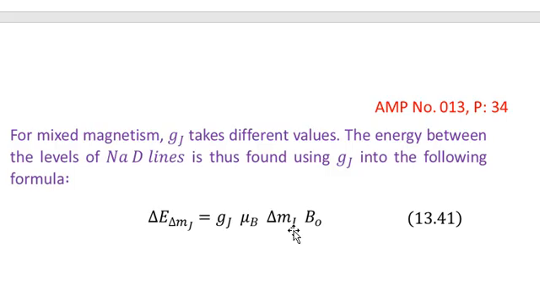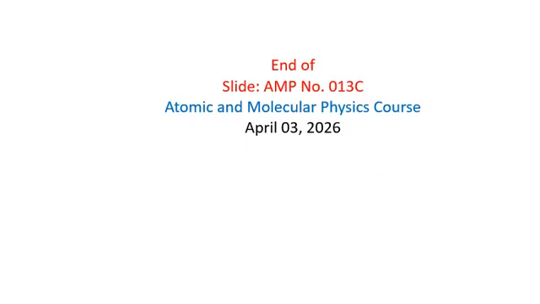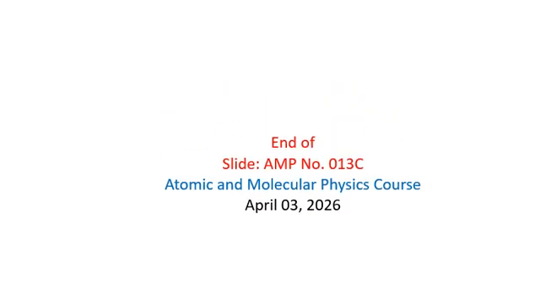So you see that this series of lectures, which is being covered under slide number 13, are actually the lectures where we are considering the application of the magnetic field to the atoms. So this is the end of slide number 13C for the course of atomic and molecular physics.